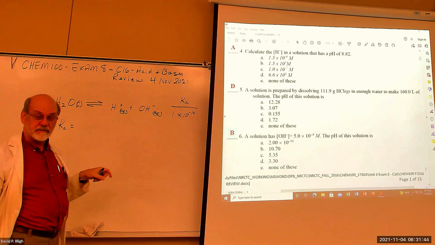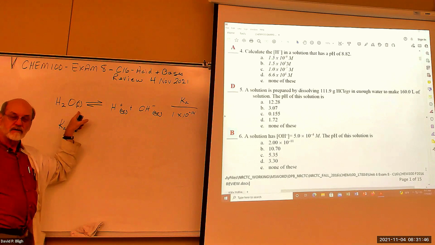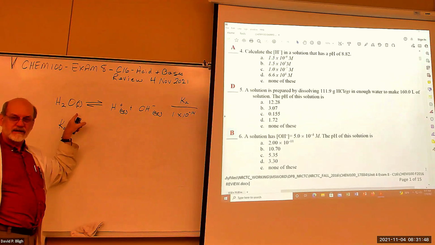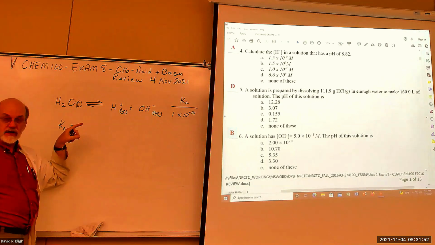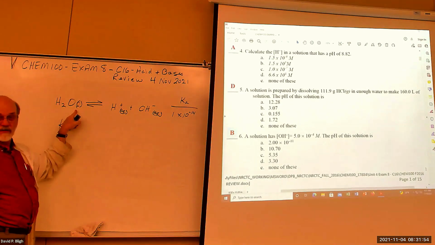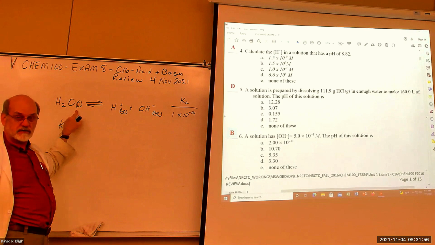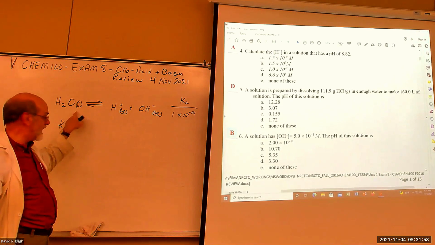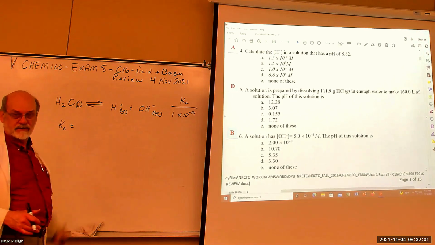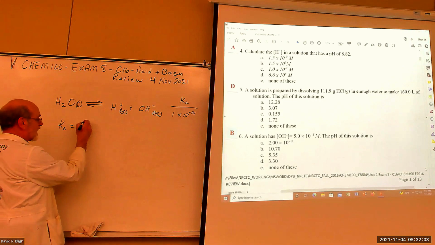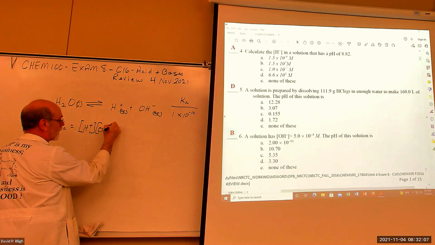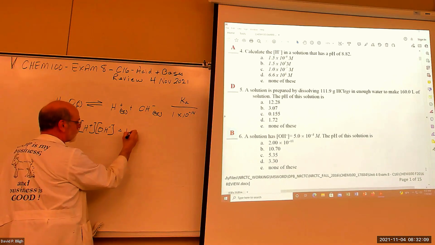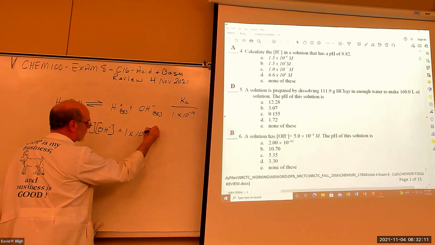But the rule is, if it's a pure liquid or a solid, it doesn't enter into the calculation, because during this reaction the concentration of water doesn't change. So it has no impact on the K, so we leave it out. In this case, the Ka is derived from hydrogen ions and hydroxyl ions only, and that's equal to 1 times 10 to the minus 14.